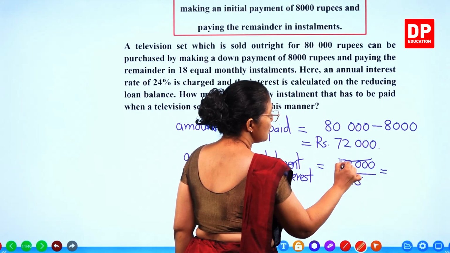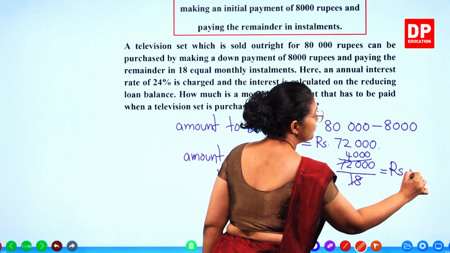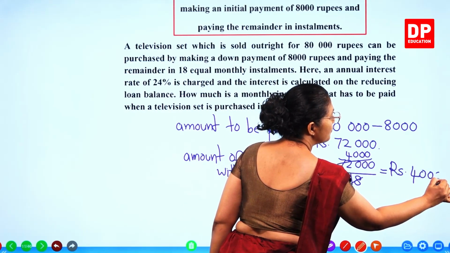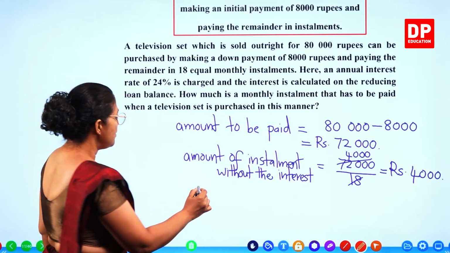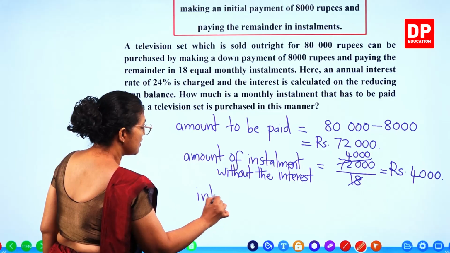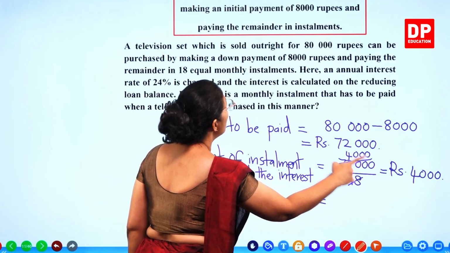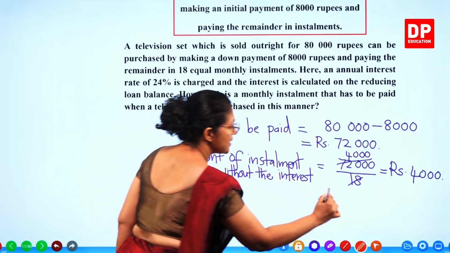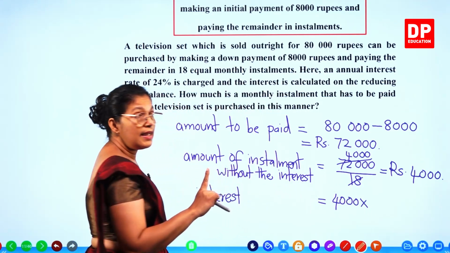4,000. Then you can find the interest. Interest is 24%. So 4,000, that's the monthly installment.